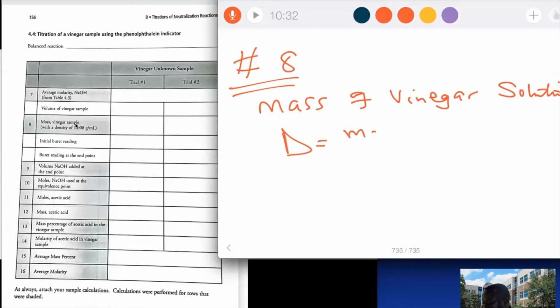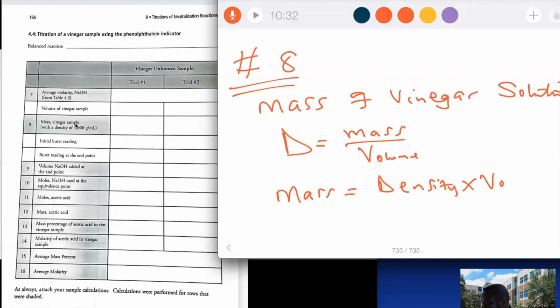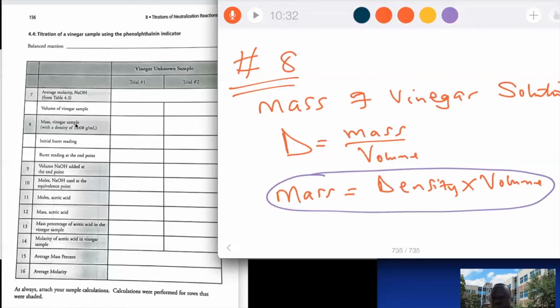Density equals mass over volume, which means mass is given by density times volume. That's the equation you will use to find the mass of your solution.